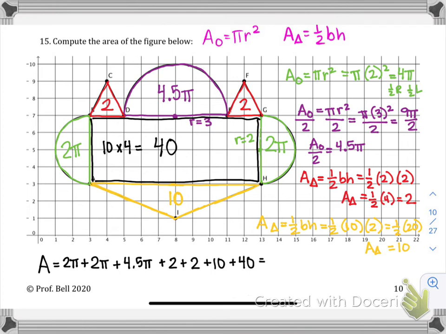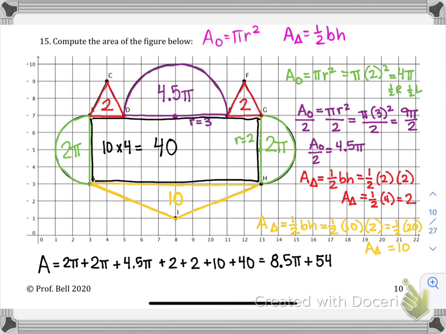So just to make sure we're crystal clear on how we might try to combine this, that's 8.5 pi, if we add all the pi's together, plus 54. Okay?